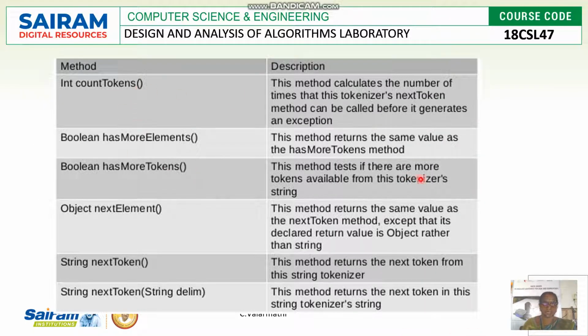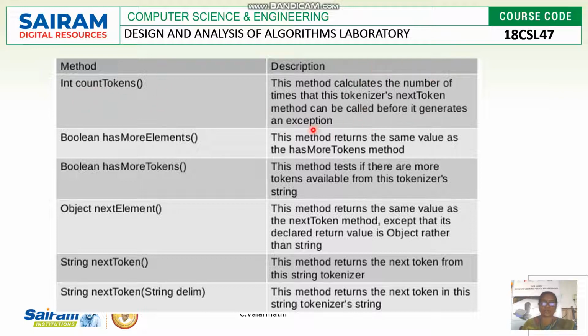So let us see how it works. Before doing this, we need to know the basic methods available in string tokenizer. This table depicts the methods available in the string tokenizer class. The first method is countTokens.